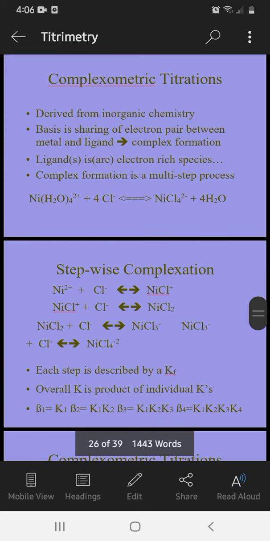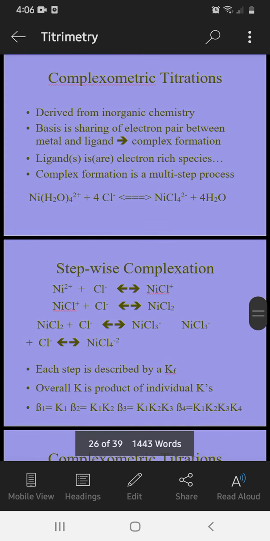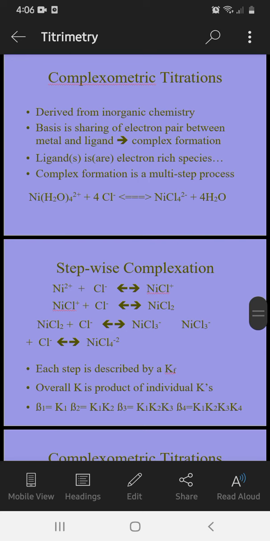Complexometric titration derives from inorganic chemistry. The basis is sharing of an electron pair between the metal and the ligand. In complex formation, ligands are electron-rich species. Complex formation is a multi-step process.